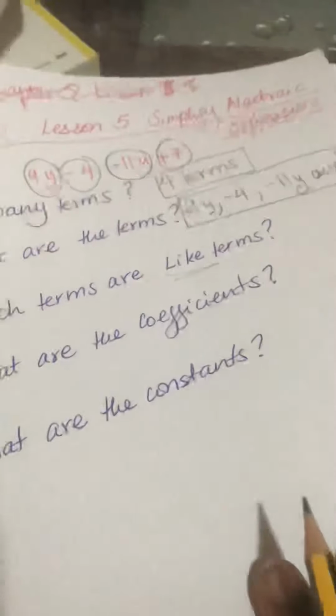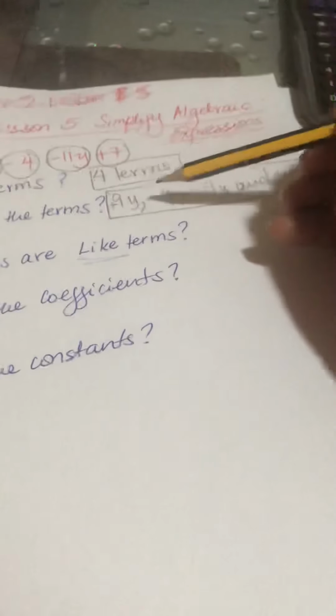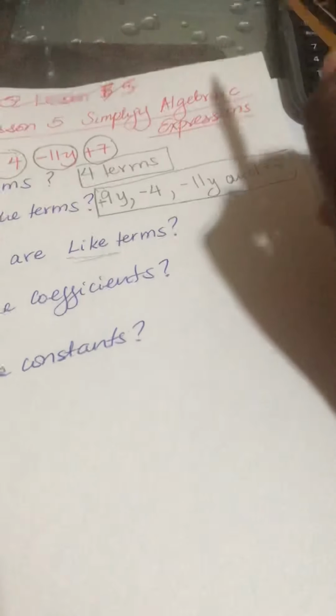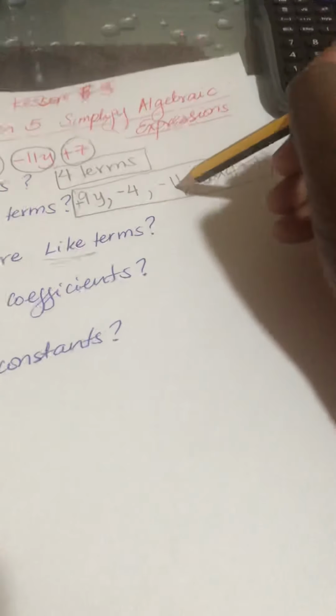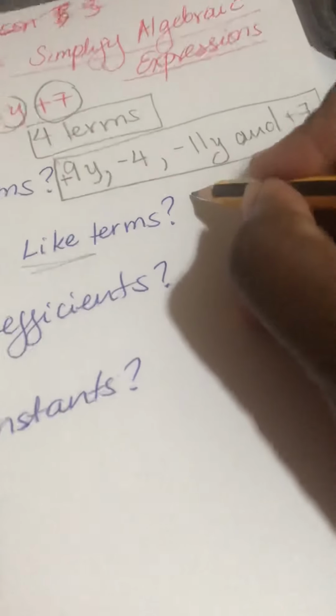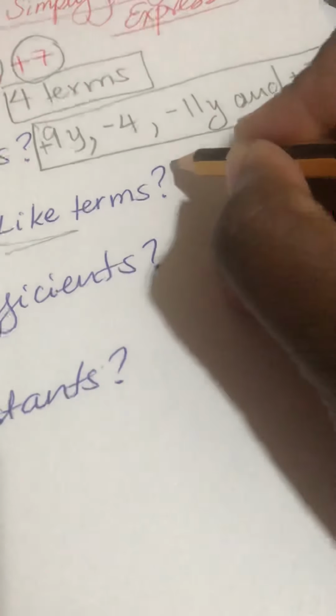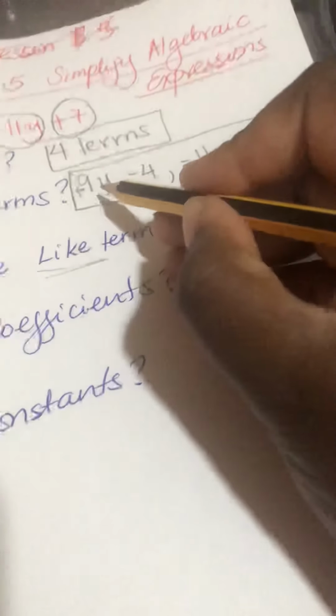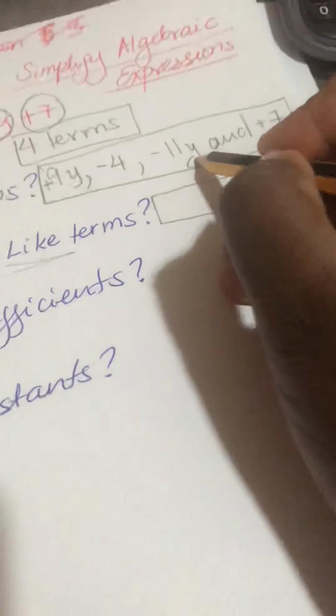Which terms are like terms? The ones with the same letter. So positive 9y, negative 4, negative 11y. So here I will have 2 answers. You put the ones that look the same. Like means you look the same. So 9y and negative 11y look the same because both of them have y.